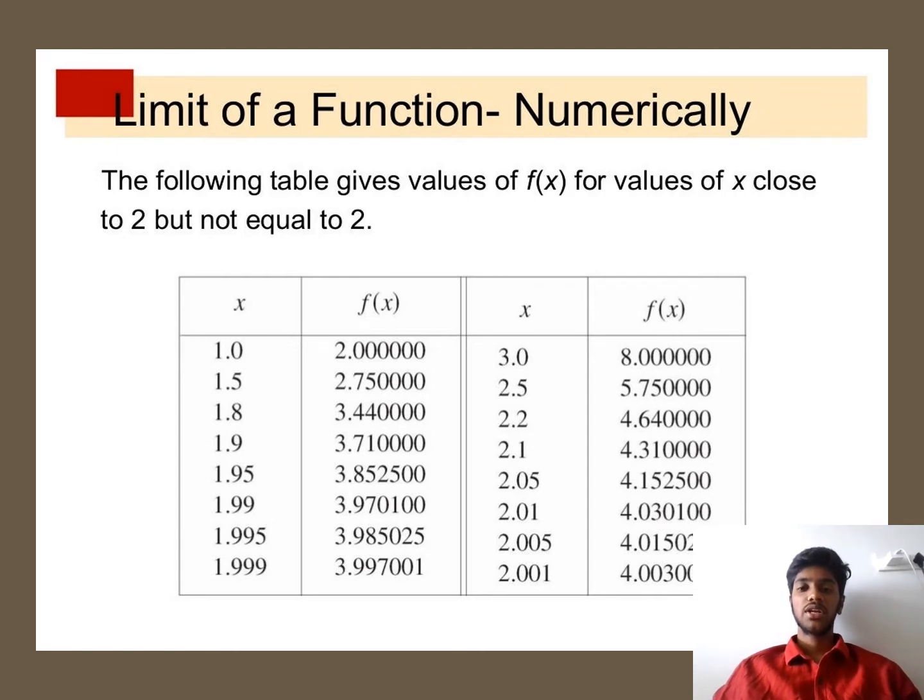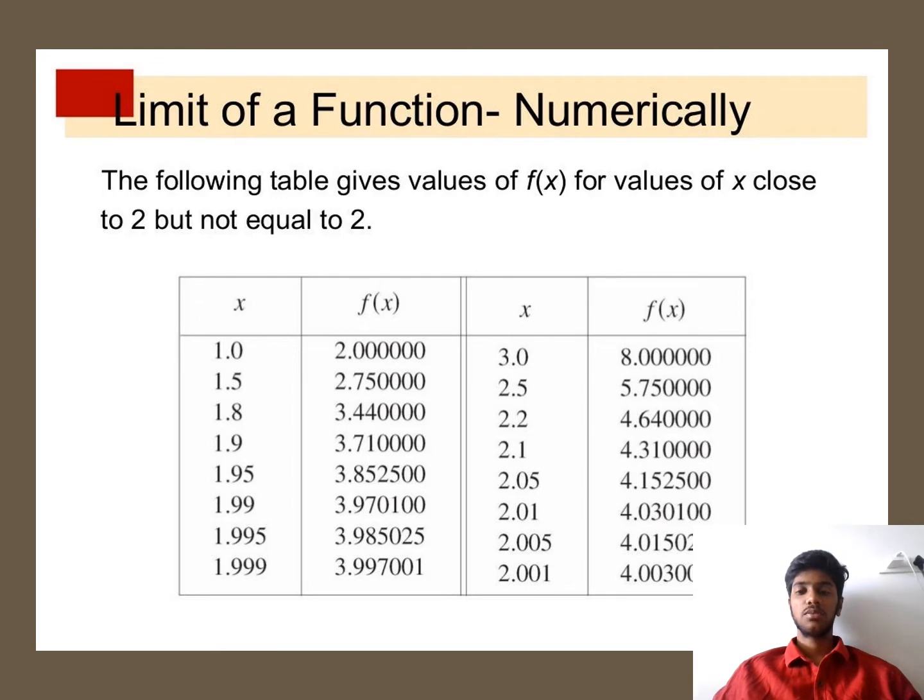If x is 1.9, then f(x) is 3.71. If x is 1.95, then f(x) is 3.85. If x is 1.995, then f(x) is 3.98. If x is 1.999, then f(x) is 3.997.